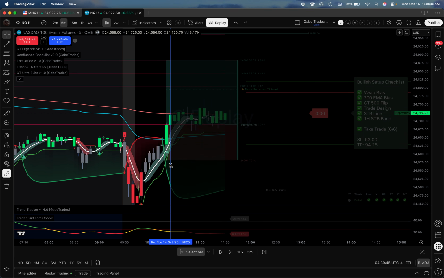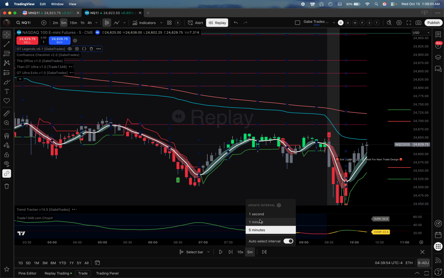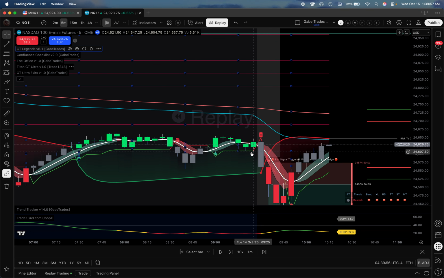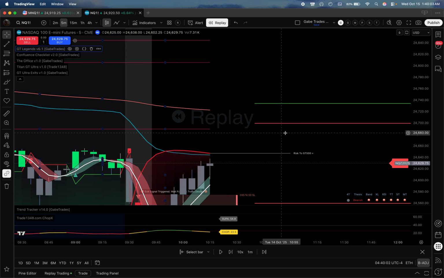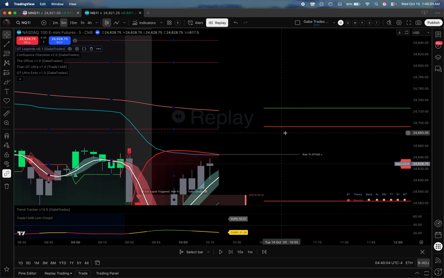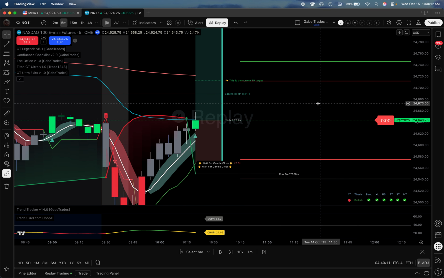I'm going to first show you how the Titan GT Ultra indicator works because it works slightly differently to Titan GT. I'm going to set this update interval to 1 minute. Now, here we are about to get a trade design and a trade design has not signaled yet. Now we have a trade design and now it's saying wait for candle close.